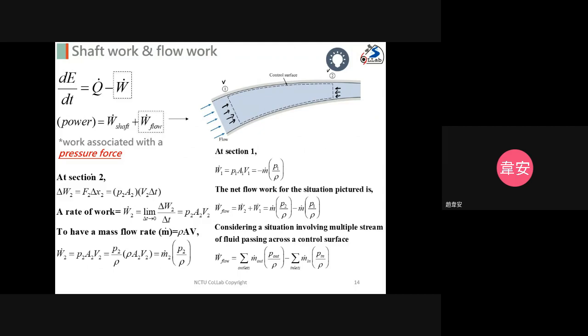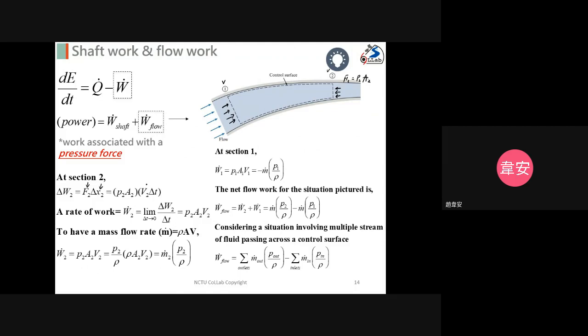And we actually know that the definition of work is the force acting over a certain distance. So we have the first two in here. What is the force 2? The force 2 is contributed by the pressure force, and we have the cross section area 2 here. And what is the delta x distance?